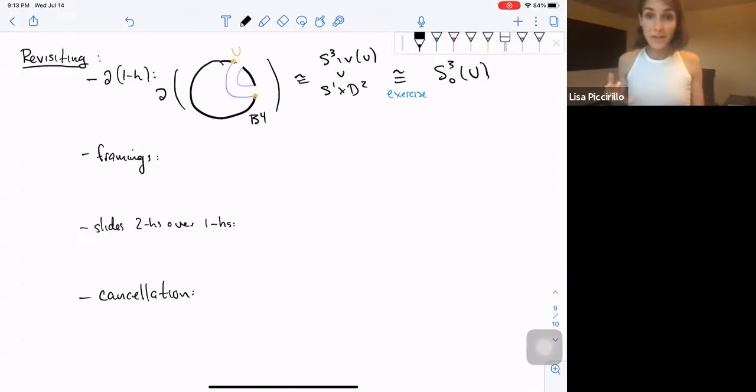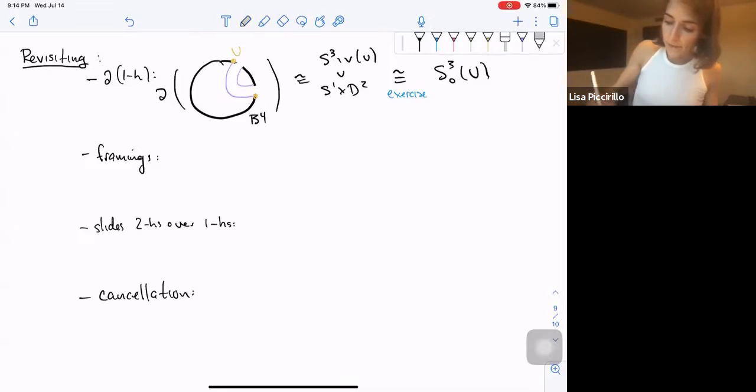The harder way to do this exercise, which I think is really worth doing if you have a few minutes, is to try to prove that this framing coefficient should be 0 more abstractly, just by looking at this gluing information here.